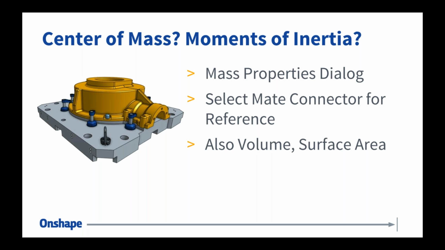Essentially it just allows you to define, from this point I want you to calculate those moments of inertia. So you can use a mate connector and its default orientations, X, Y, and Z, as a reference for defining moments of inertia. And as I mentioned before, volume and surface area are also within this mass properties.